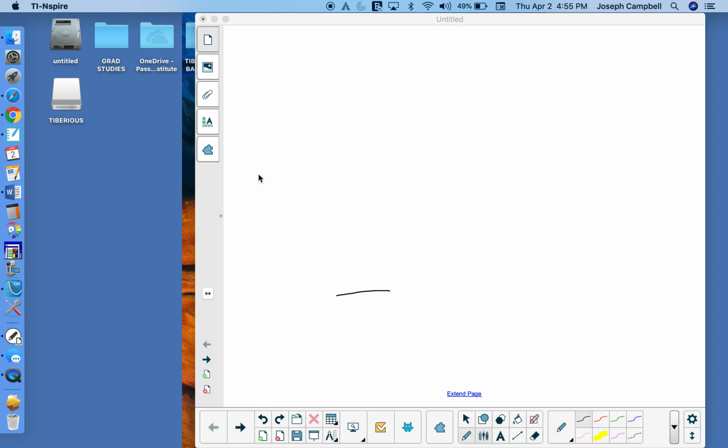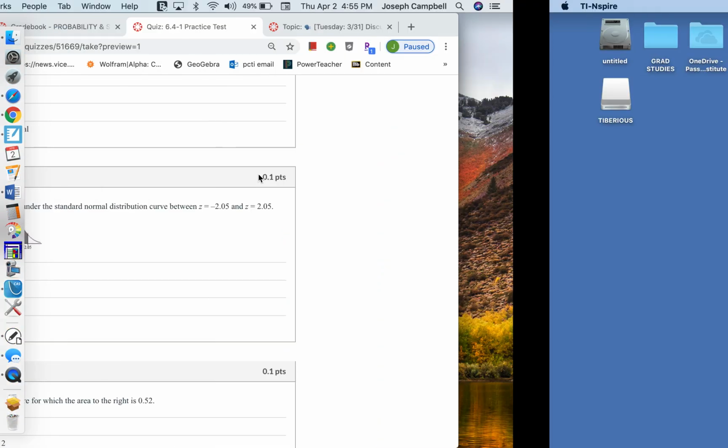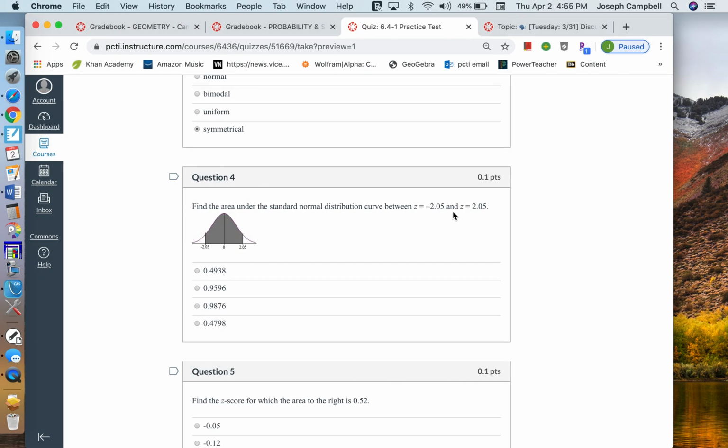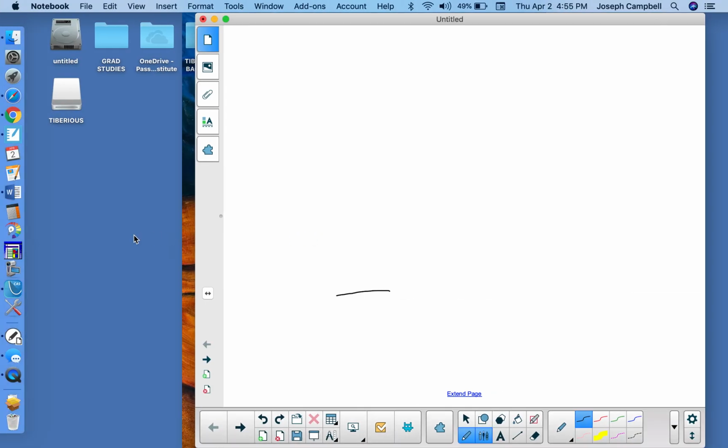Anyway, while that's booting up, I'm going to type in to the left of 2.05, then minus. Well, actually, I can just do CDF. So I can have my lower bound here, my upper bound there, and be done with it, and find the area.